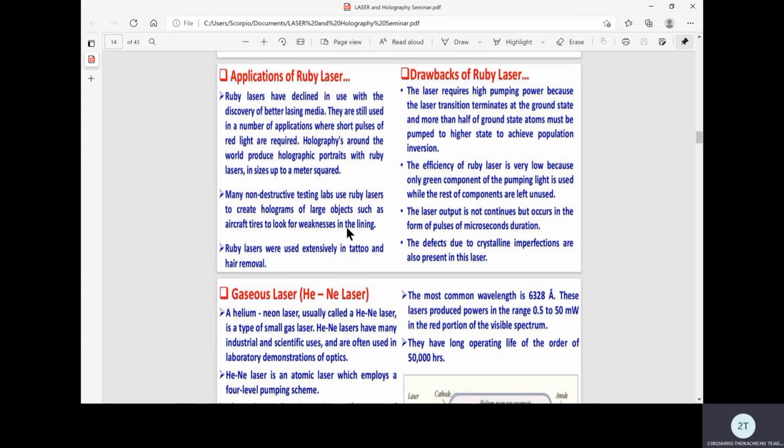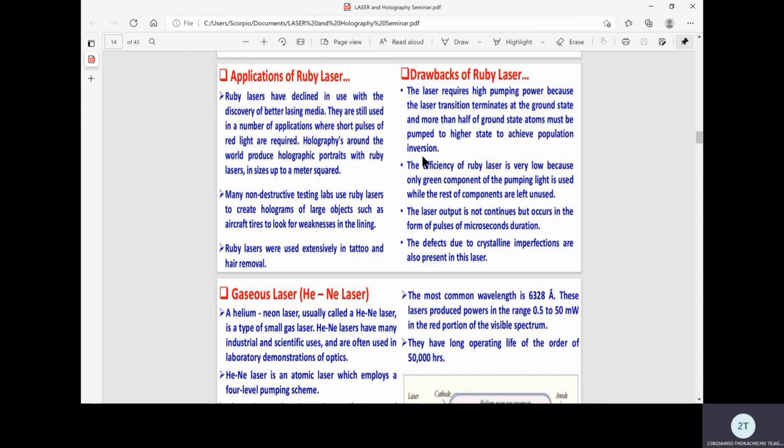But not only in the applications, ruby lasers contain some drawbacks too. That is, their efficiency is very low, and also their output is not continuous, which is a major drawback in many experiments. And also the laser requires high pumping power because the laser transition terminates at the ground state, and more than half of the ground state atoms must be pumped to the higher state to achieve population inversion.